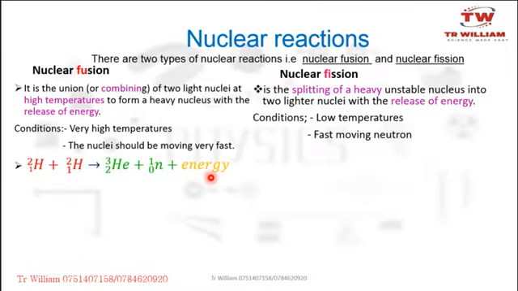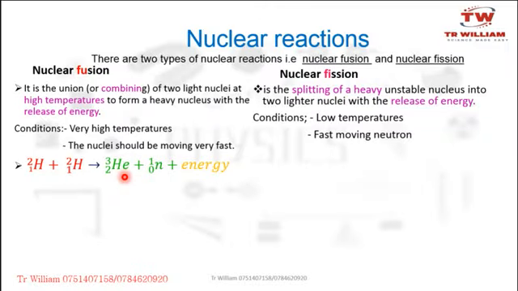So that is for fusion. You see that if two nuclei come together, they can produce a new nucleus, accompanied by a neutron, and then some energy released.